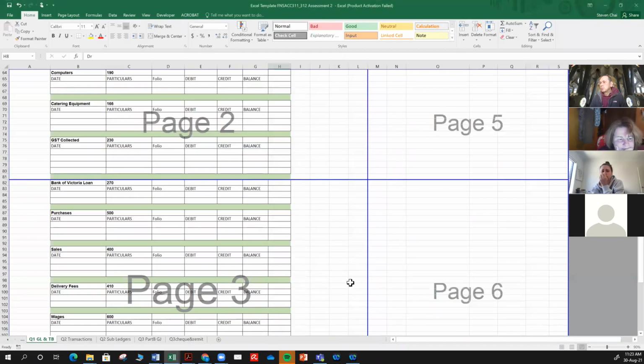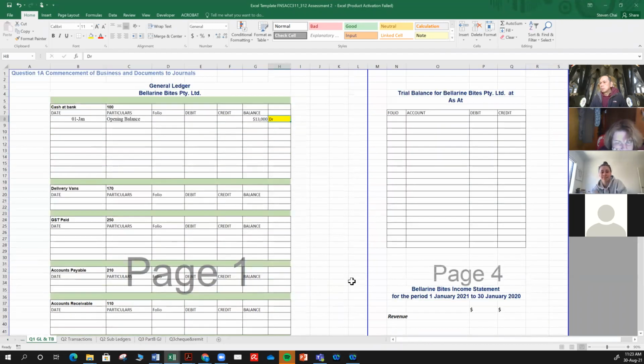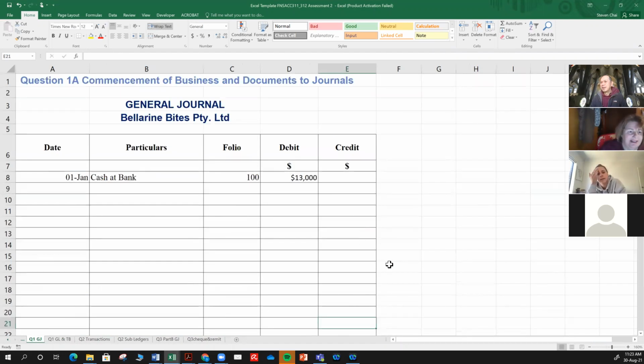Do you want me to share my screen just in case I'm talking about the wrong thing? I've got the general journal right there. See down the bottom on your Excel where it says Q1 GJ and all that. There'll be three little dots to the left. Press them and the first sheet will show. You guys have to write all this down, yeah?